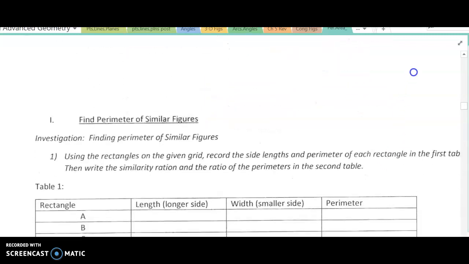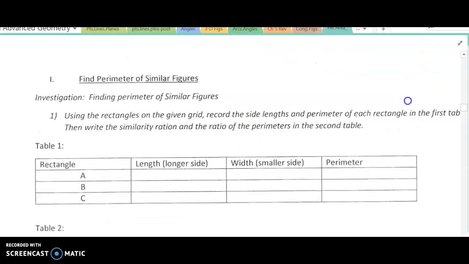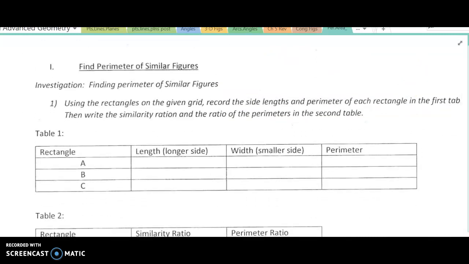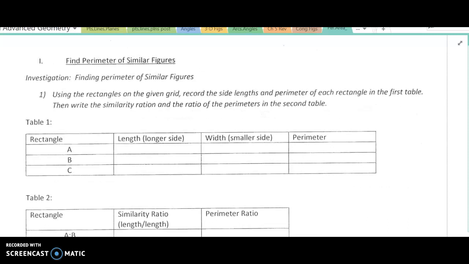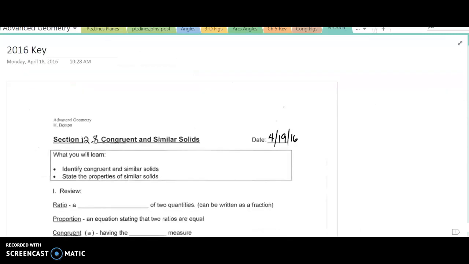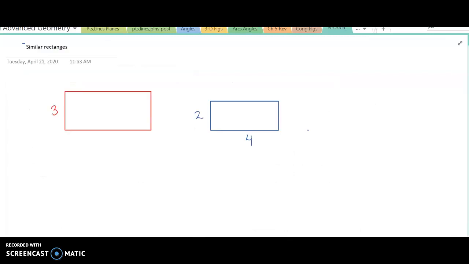So, all right, now we're ready to really talk about today's lesson, finding perimeter of similar figures. Okay, so we're gonna do this investigation here, but we're gonna do a little bit different take on it. You don't have any rectangles on a grid, so we're just gonna go with these two. If we were in class, we would have had some rectangles on a grid.